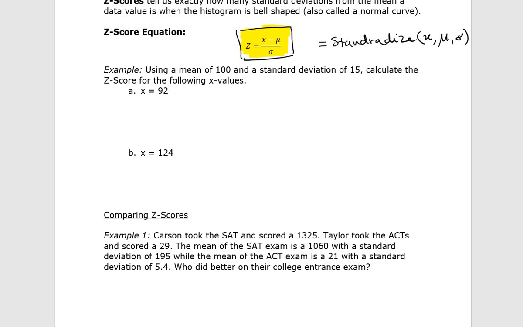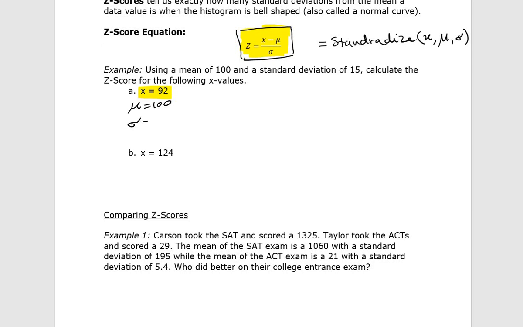Let's see if we can compute z-scores for given values. Using a mean of 100 and a standard deviation of 15, calculate the z-score for the following x values. The first value that we have is x. x is equal to 92. The second value we have is the mean, mu. Mu is equal to 100.